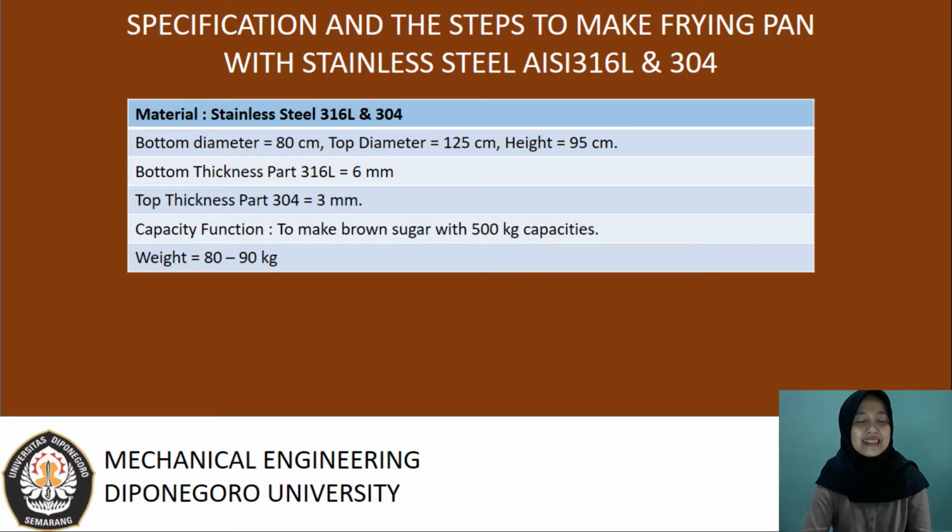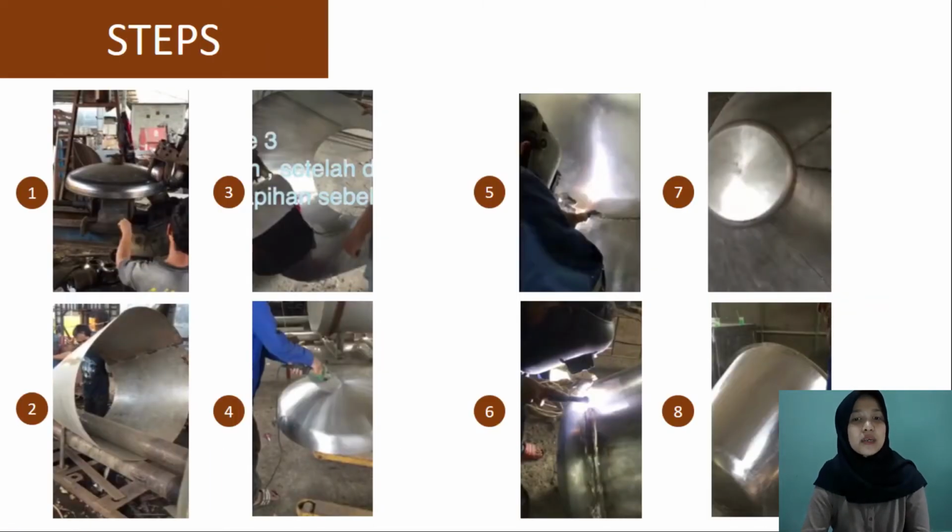So the simple steps to make the biggest frying pan are, first, forging stainless steel into the trim using a crawl machine, and then welding the stainless steel and forming it, and also grinding and welding it again, repeated 3 times inside and 6 times outside. There are 8 pictures shown in the slide.